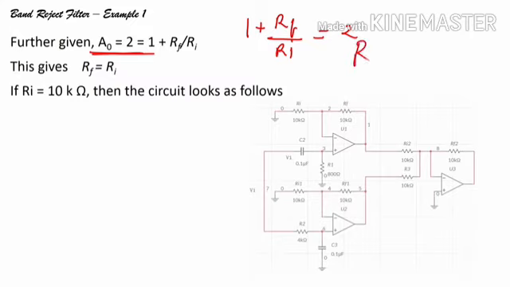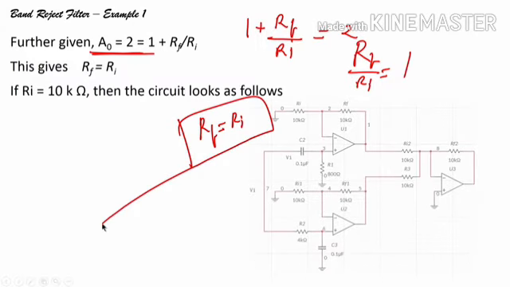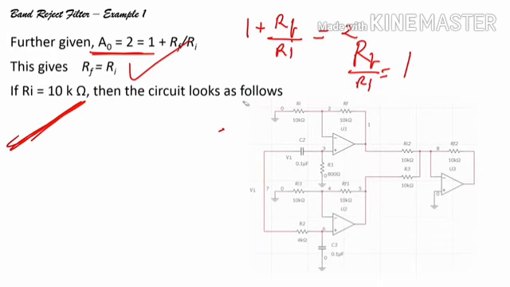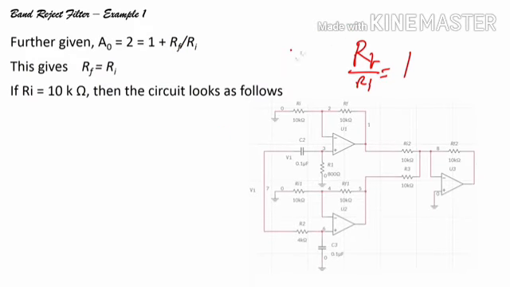So, RF by RI equal to 1 or RF equals to RI. RI equals to 10 kilo ohm, right. If RI equals to 10 kilo ohm, then RF will also be equal to 10 kilo ohm. Then my circuit will look like the one I have shown on the screen, isn't it.